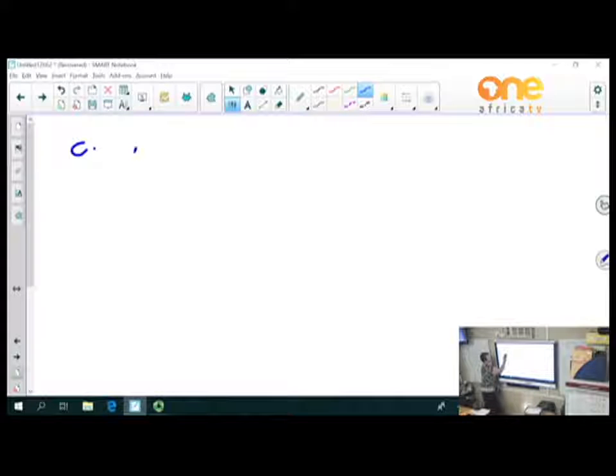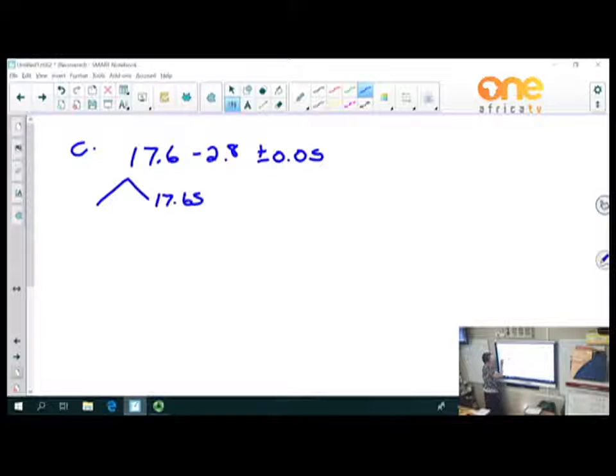Number C, 17.6 minus 2.8. This is still 1 decimal place, so plus or minus 0.05. So the upper bound here is 17.65 and the lower bound 17.55. Here the upper bound is 2.85 and the lower bound 2.75. Okay, this is subtraction.